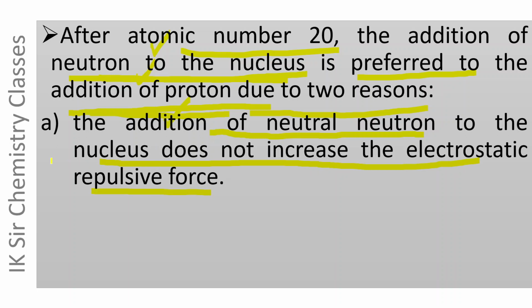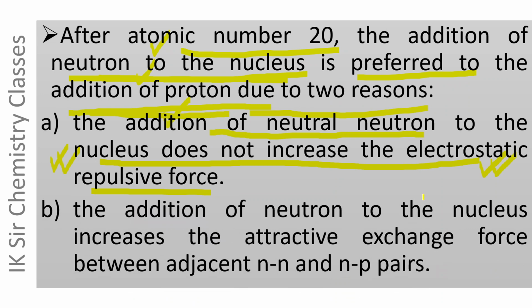The addition of the neutron, which is neutral in nature, to the nucleus does not increase the electrostatic repulsive force. But the addition of neutron to the nucleus increases the attractive exchange force between adjacent neutron-neutron and neutron-proton pairs.